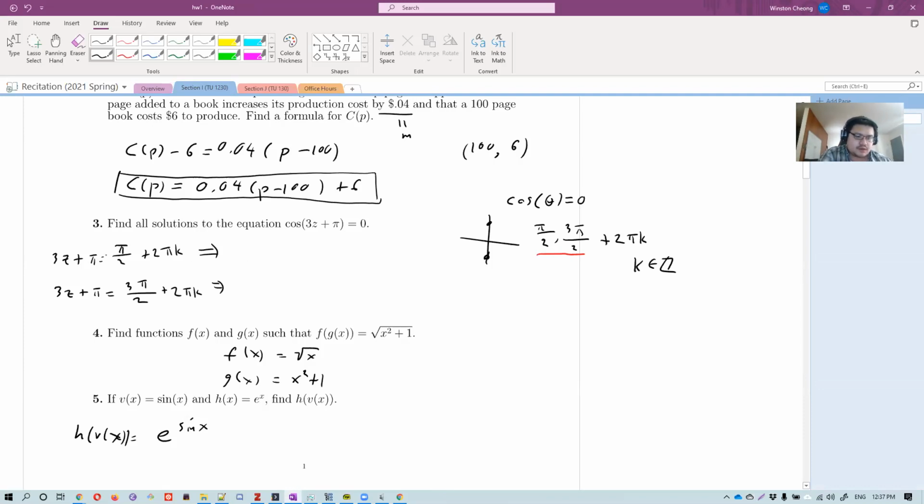So I'll have to subtract pi and then divide by 3. Subtracting pi, I get negative pi over 2, and then we have a plus 2 pi k still. And then we wrap a divide by 3 around everything. And for the other set, we subtract and we also divide. This will give us pi over 2 plus 2 pi k.